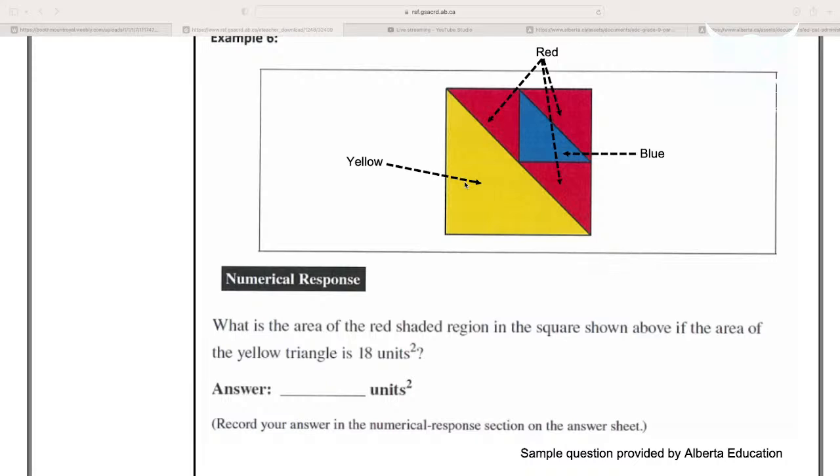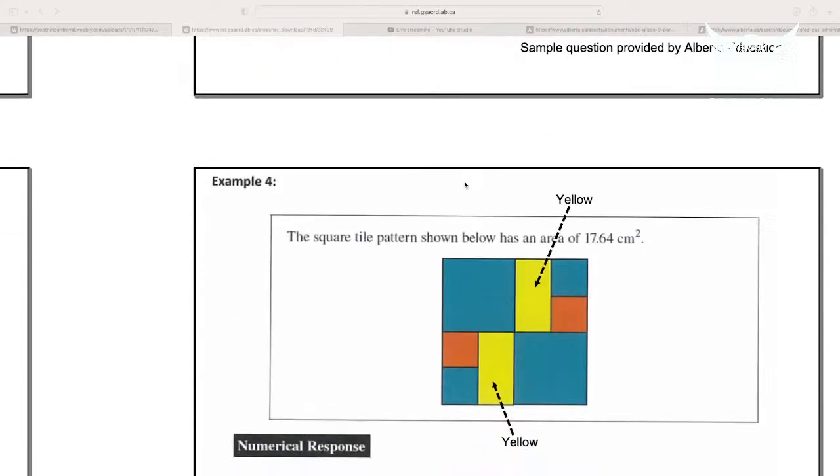They are equal in size, so we can divide 18 by 4, which is 4.5. Then the blue triangle is 4.5.